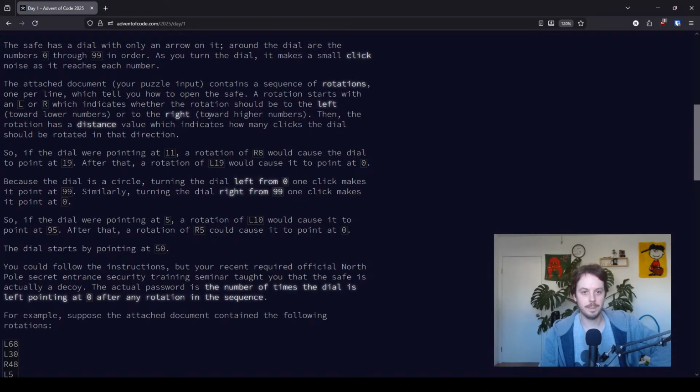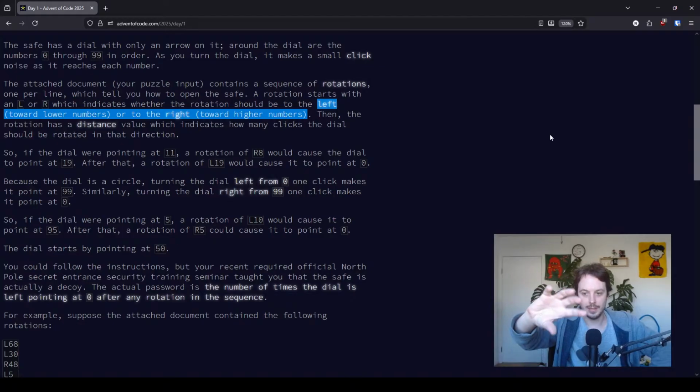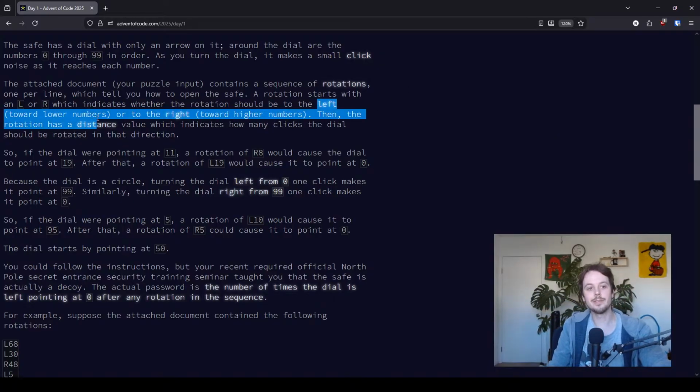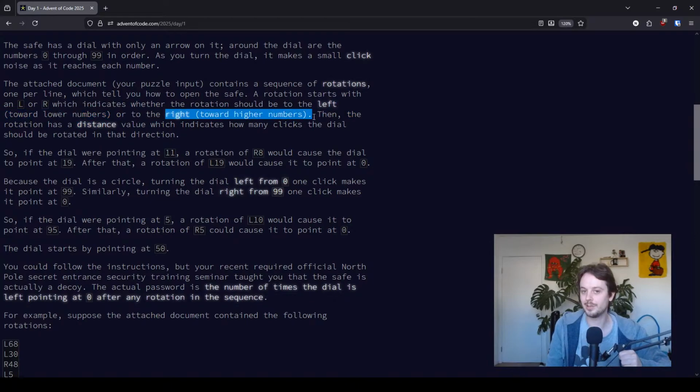One thing that I do remember tripped me up for a second was when you turn left, and this might be mirrored for you, I was assuming left meant counterclockwise and right meant clockwise, which the way that I'm picturing it, left would mean numbers increasing, but they actually mean left is decreasing, right is increasing.